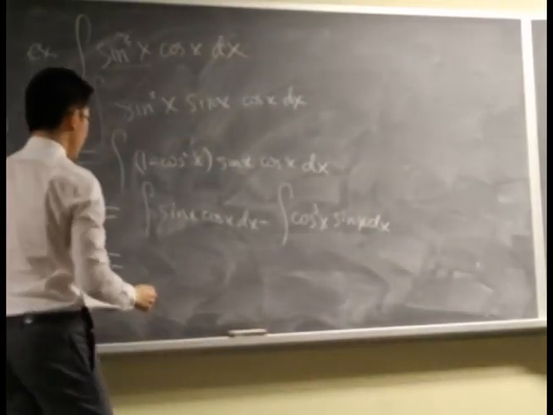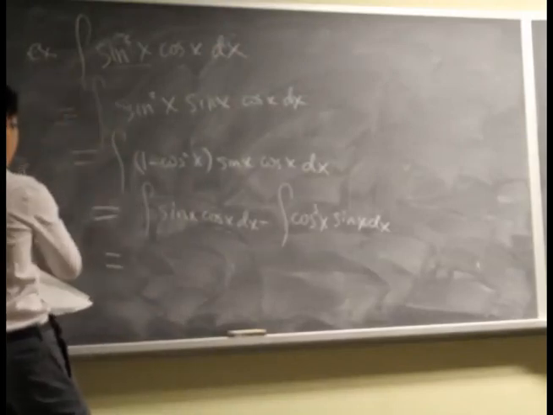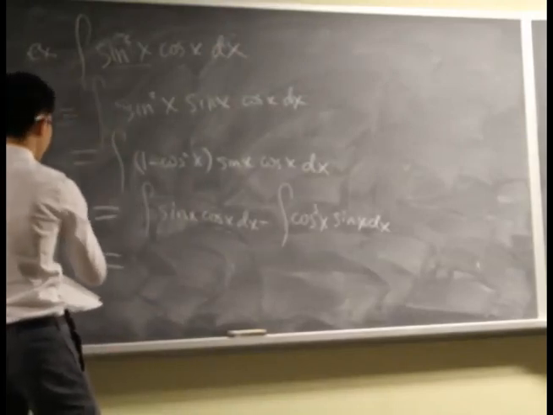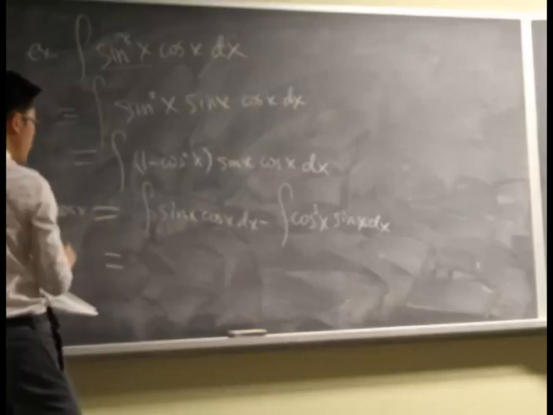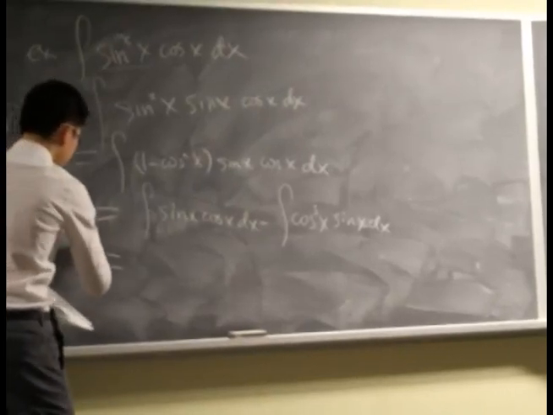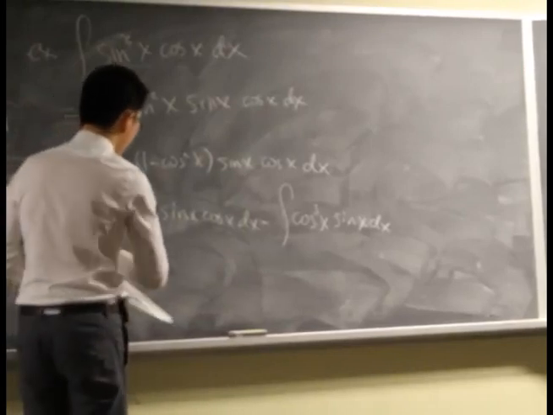Let u equal cos x, and du is going to be the derivative of that, negative sine x dx.